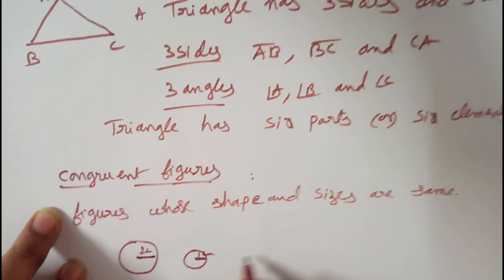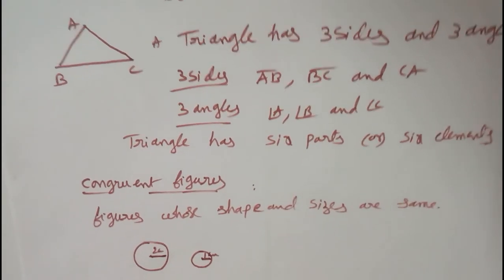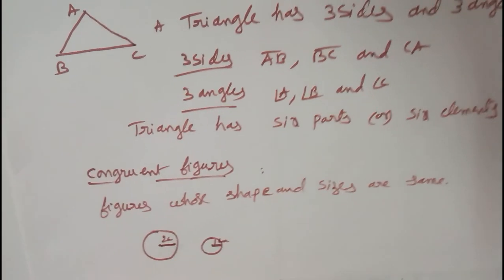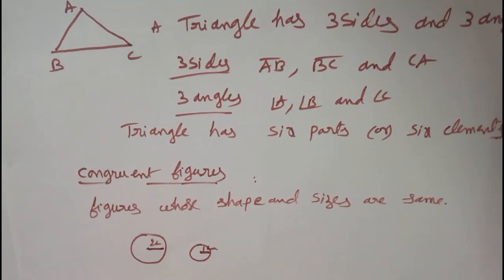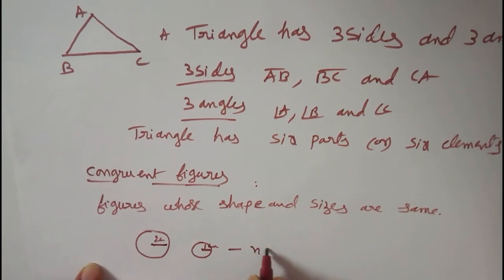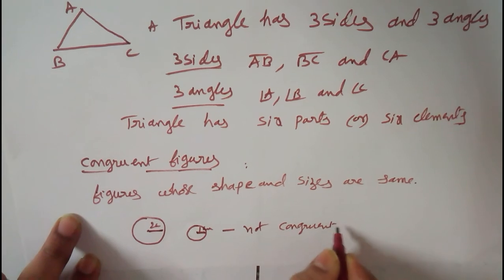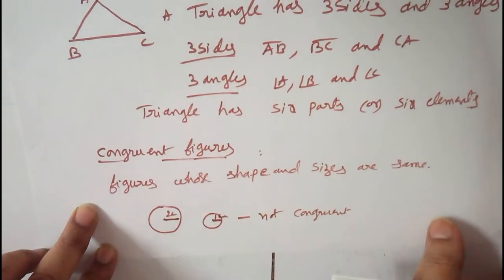Figures whose shape is the same but sizes are different are called similar figures. We will discuss them in 10th class. Now we will discuss only congruent figures. So these two are not congruent figures. Why are these two not congruent? Size is different. So when do you say two circles are congruent?